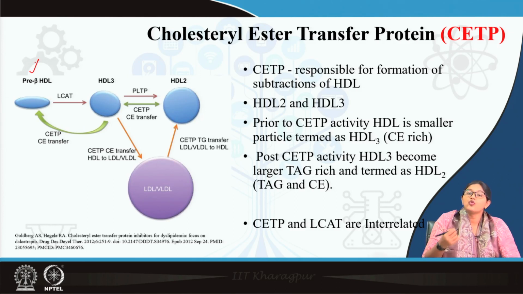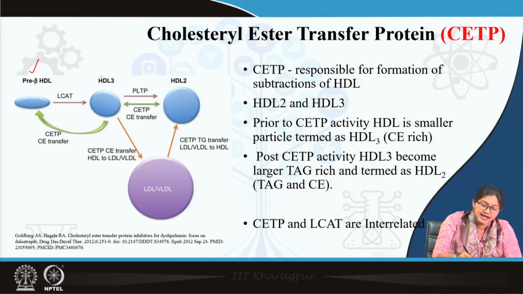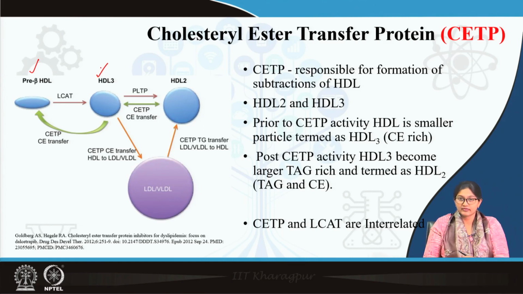There is more maturation of the nascent HDL because there is more formation of the cholesterol ester hydrophobic core, which converts the nascent discoidal HDL to the spherical mature HDL form, which is known as HDL3.